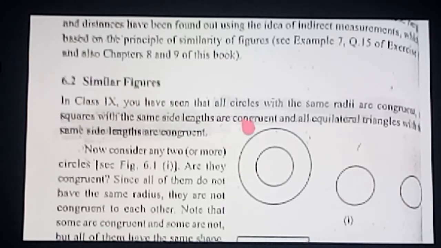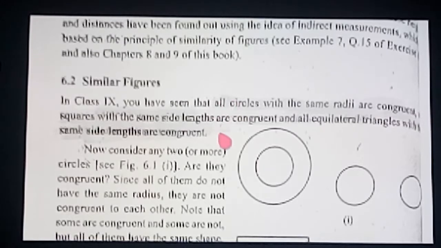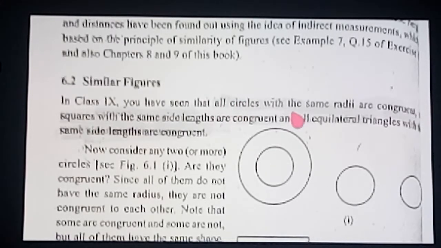So what is the point written here? Read and see. All circles with the same radii are congruent. That I already told you earlier. Any number of circles you take, if they have the same radii, then we can say they are congruent.